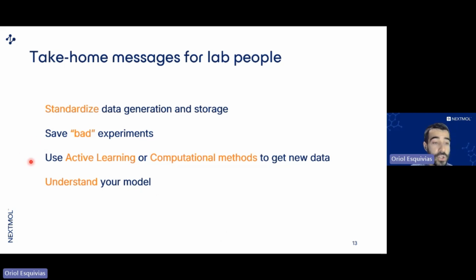Third, to generate data, you can use computational methods like molecular dynamics, or use active learning to use your resources more efficiently. And the last one, you need to understand your model, not only the mathematics of your model that is important, but also the chemistry, what your model is doing, the topic.